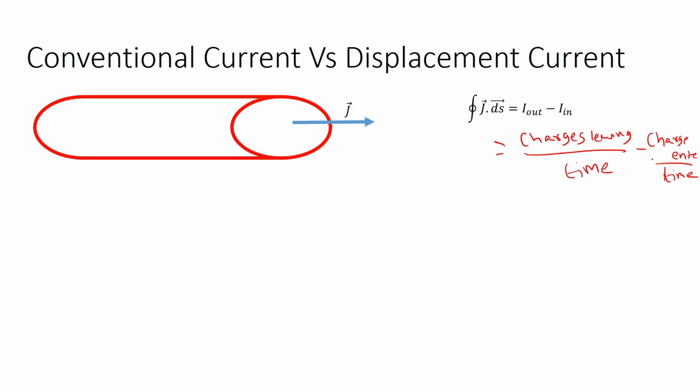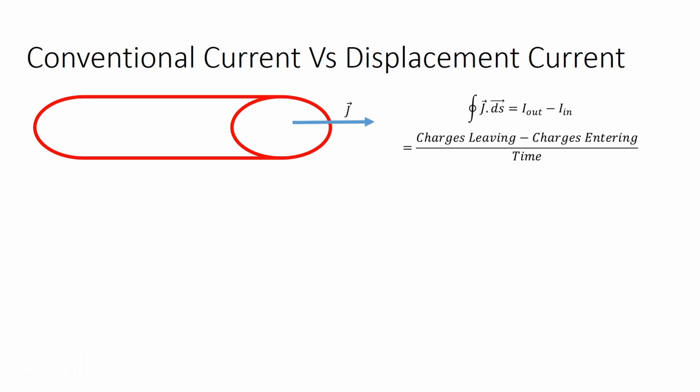Because the observation is made for the same time duration, I can rewrite this expression as charges leaving minus charges entering per given time. The charges leaving are represented as Q out and charges entering are represented as Q in.